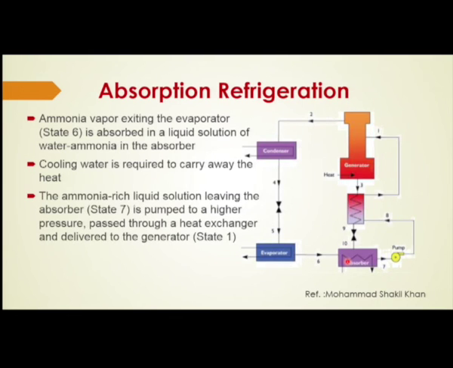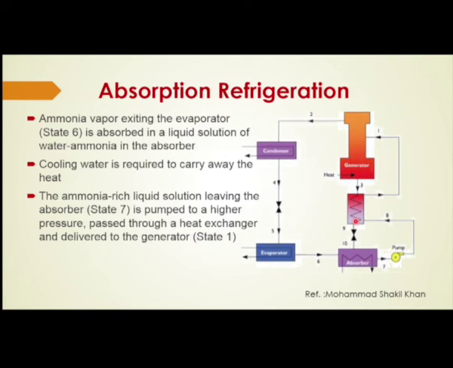We will have the ammonia rich liquid solution from the absorber, that is state 7, that is here. It is pumped by a pump to a higher pressure through a heat exchanger. This is a heat exchanger. Through the heat exchanger, it is pumped and delivered to the generator.